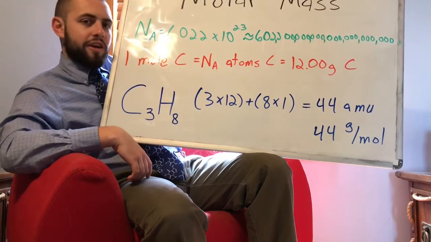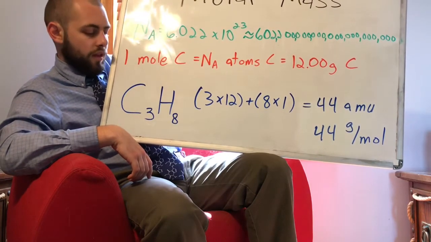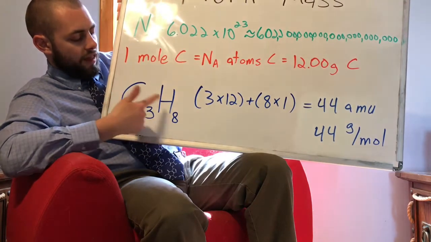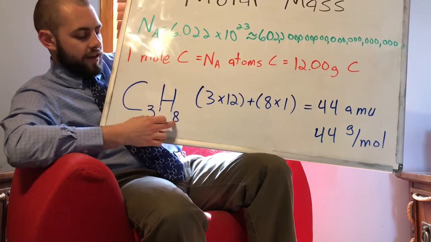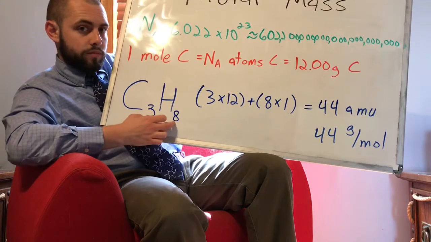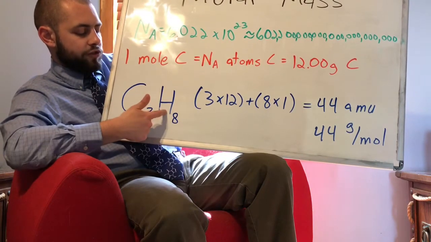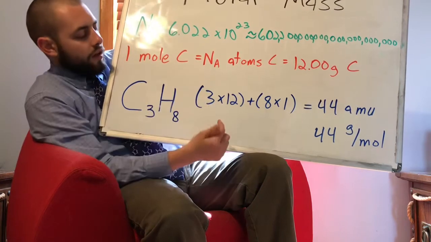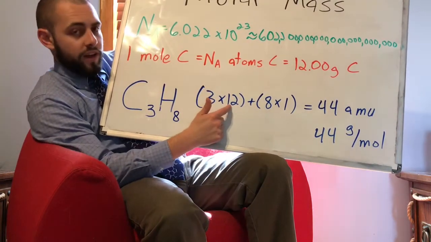If I wanted to figure out the molar mass of propane, I would take the mass of carbon and the mass of hydrogen and multiply it by the subscripts. So I'm going to find the average mass of carbon and the average mass of hydrogen and multiply them by these subscripts here. So the average atomic mass of carbon is 12, like we said.